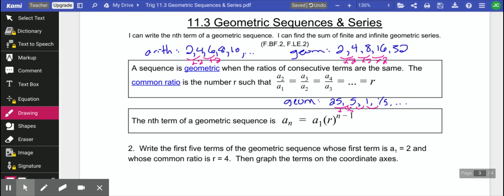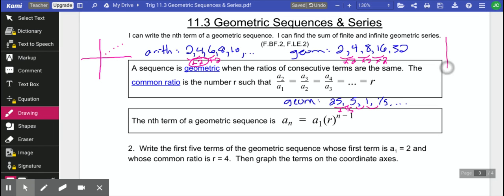The other thing about this is, we didn't really talk about this, but if you take an arithmetic sequence and you graph it, so the first term is 2, the second term is 4, the third term is 6, the fourth term is 8, you're going to find the arithmetic sequences are linear. And whatever the common difference was is the slope.